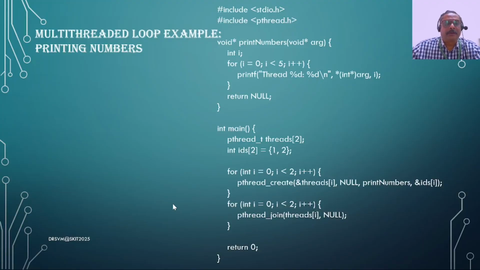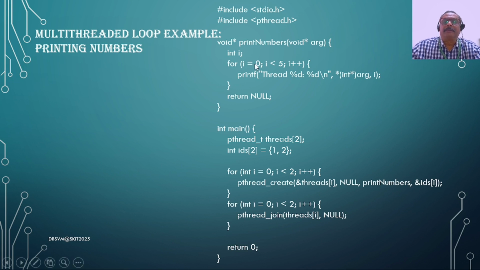Hi friends, let's look at another example of multi-threading. Here we have code that has two threads, and these two threads use this function to print numbers.